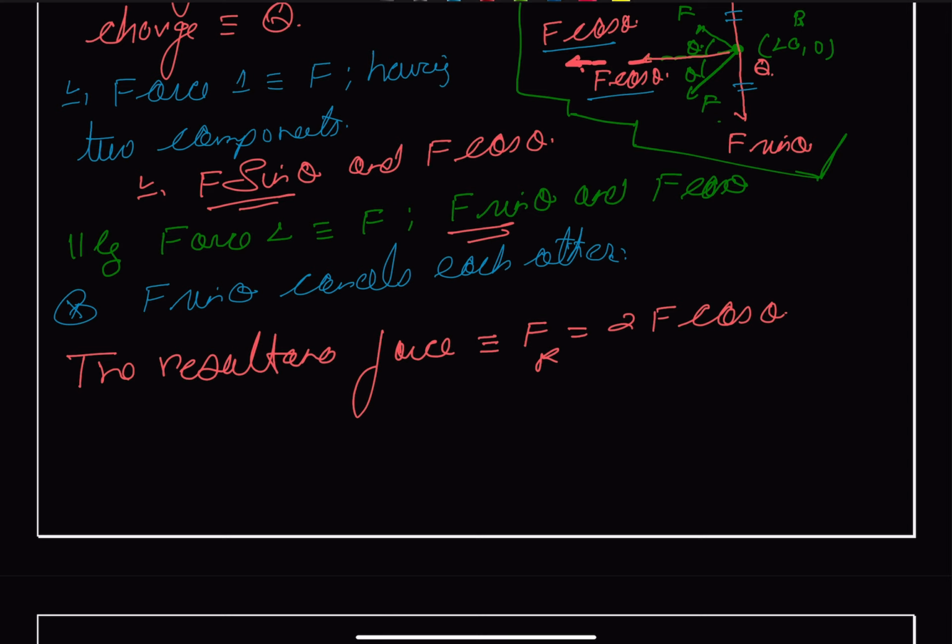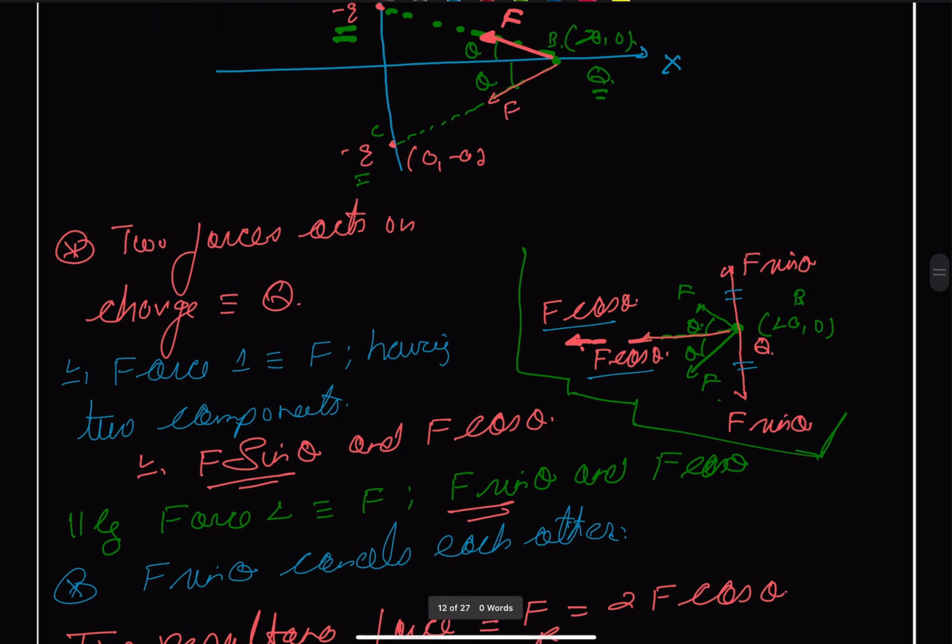And we already know our F, so we can say this will be equal to twice multiplied by our F, which is K capital Q small q divided by the distance between them. Okay, so this distance is our 2a and this distance is our a.